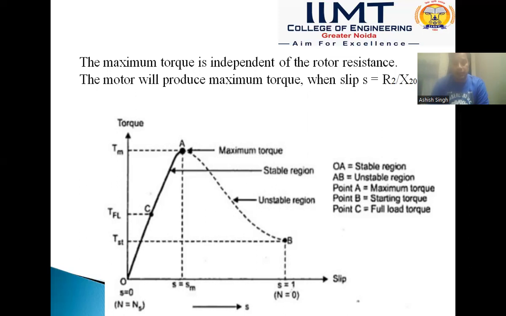After attaining maximum torque, when the curve enters the high slip region, as slip increases from S equals Sm to S equals 1, torque decreases there.